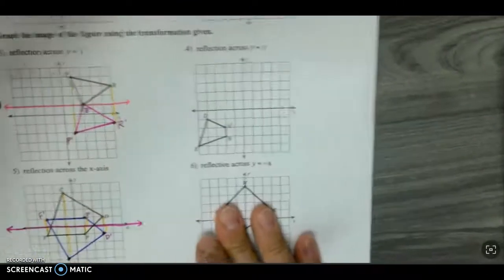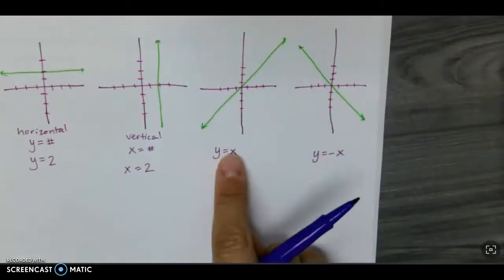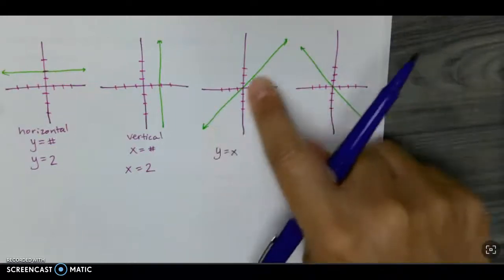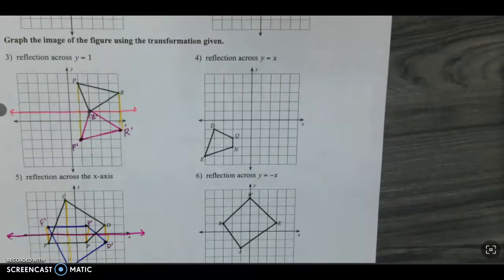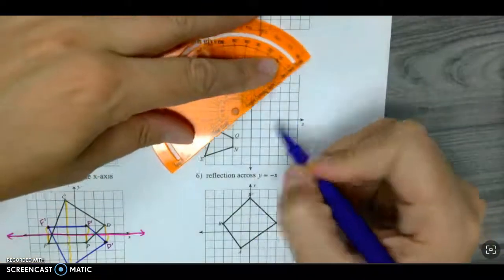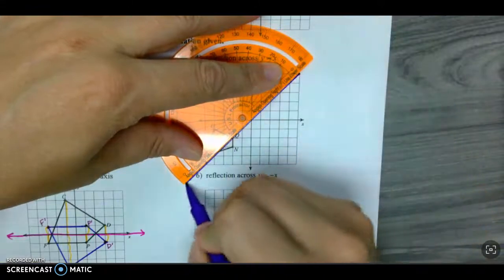So this time our reflection is across the line y equals x. And if you remember, y equals x is a diagonal line. It has a slope of 1 through the origin. Okay, so I'll start with my line of reflection here.